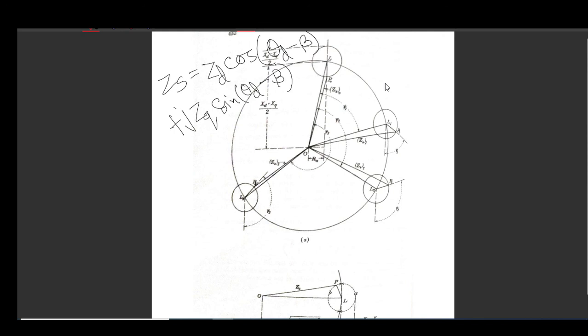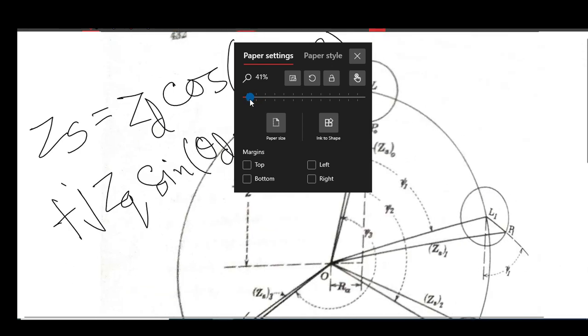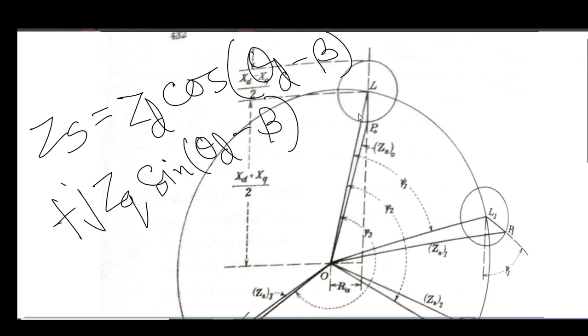From this geometrical interpretation, what you can see is that this line OL represents the term R plus j (Xd plus Xq)/2, this line OL.